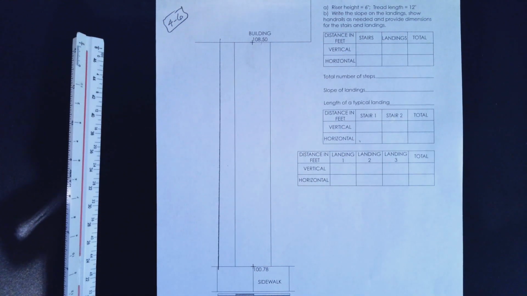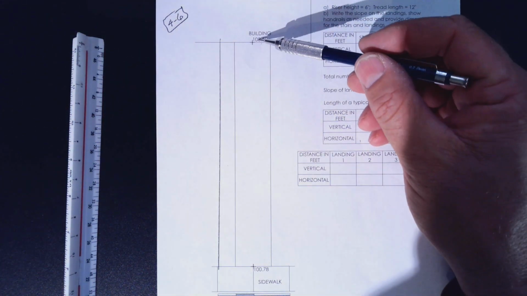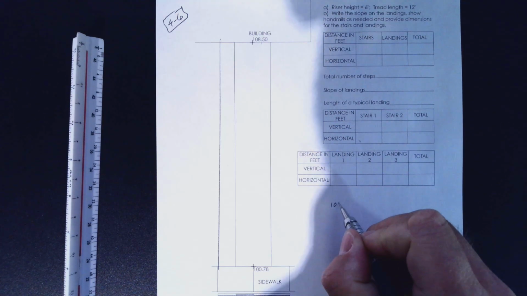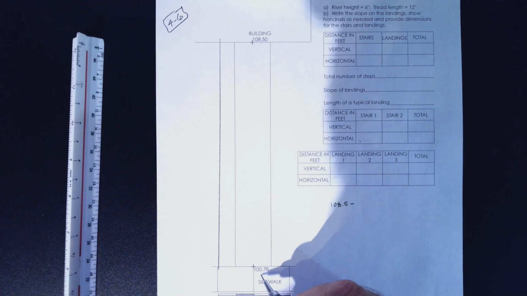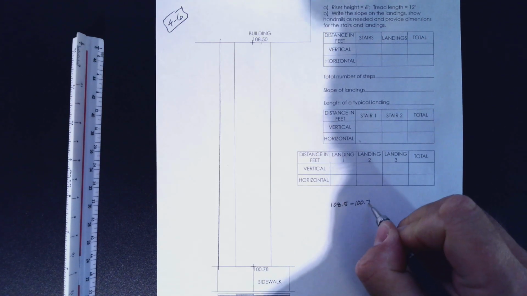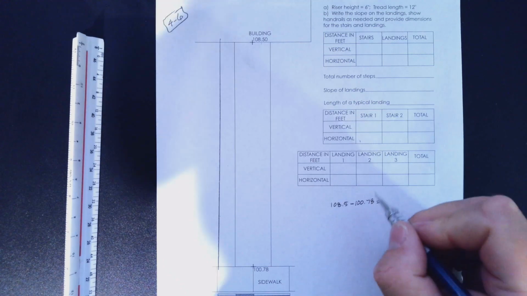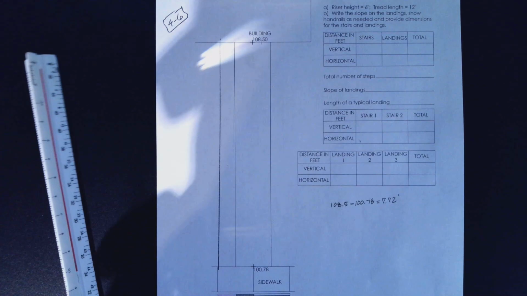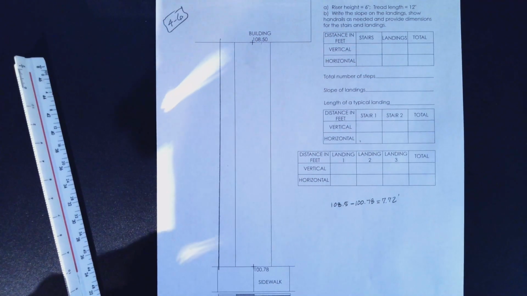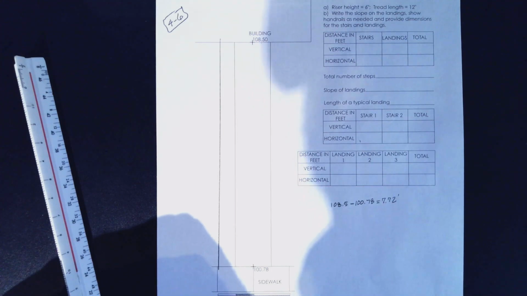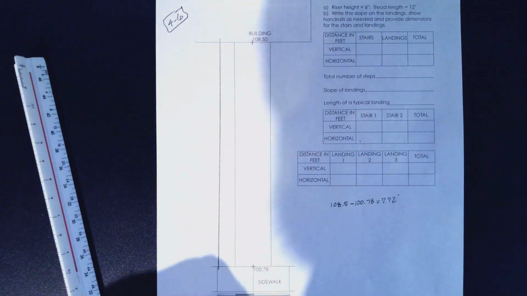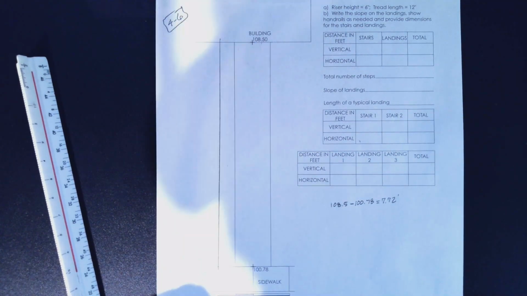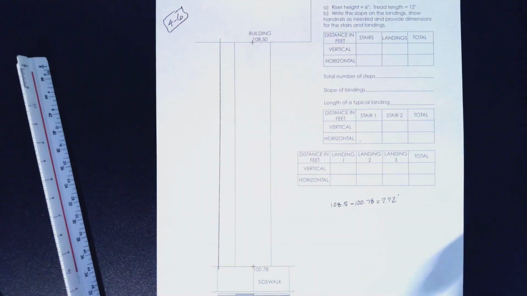Next, we want to determine the vertical change in elevation, which we talked about. That's 108.5 minus 100.78, and that equals 7.72 feet.